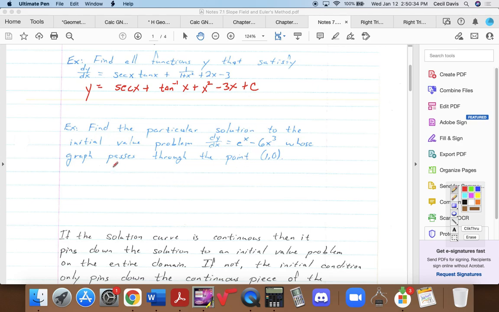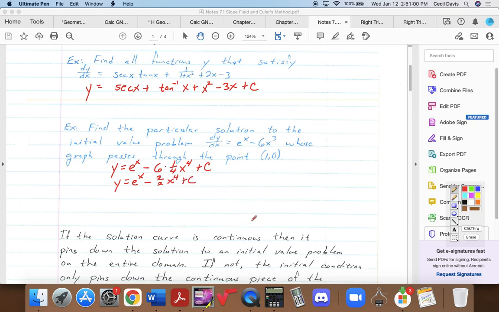So again, we'll start by taking the antiderivatives. y is equal to e to the x minus, that'll be 6 times 1/4 of x to the 4th plus a constant. I'll simplify it a little bit before substituting. That's 3/2 x to the 4th plus c.